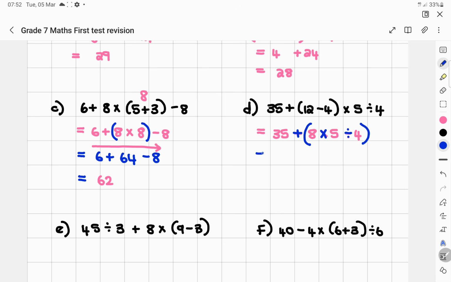So you are more than welcome to go and put brackets around and say 35 plus 8 times 5 is 40. 8 times 5 is 40, yes, and divide that by 4, and it gives you 10. Okay, so 40 divided by 4 gives you 10, and 35 plus 10 gives you 45.